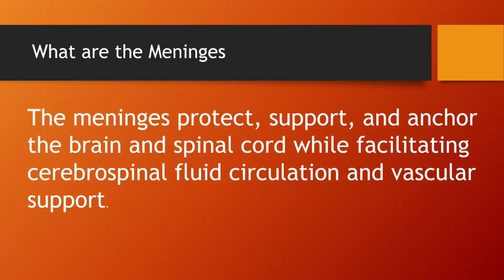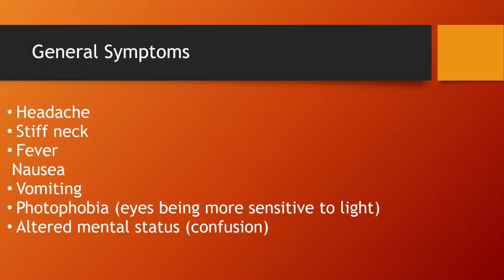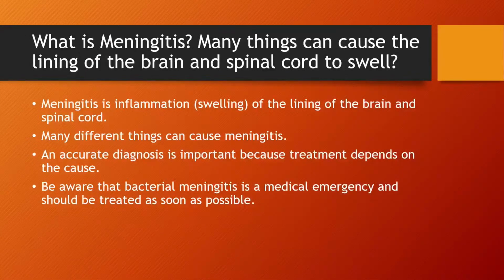Meningitis is inflammation or swelling of the lining of the brain and the spinal cord. And as we have discussed, there are many different things that can cause the swelling of the lining of the brain and spinal cord. An accurate diagnosis is important because treatment depends on the cause.